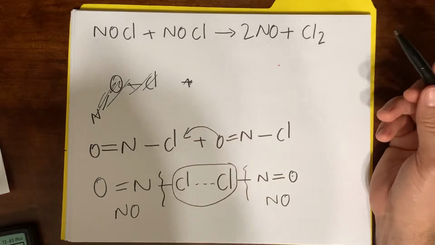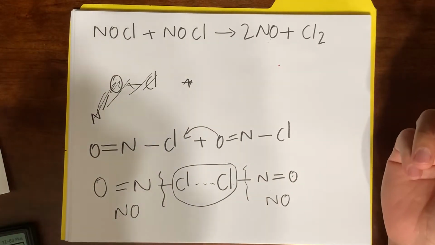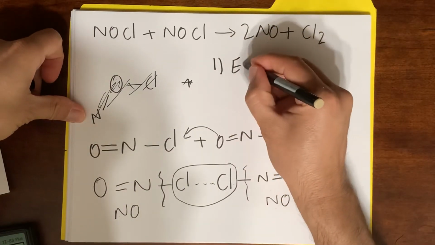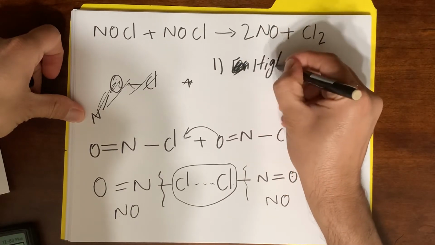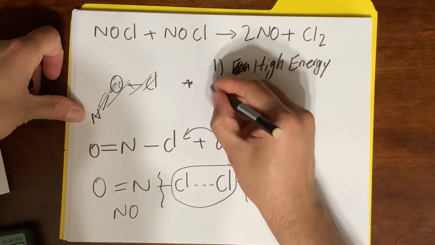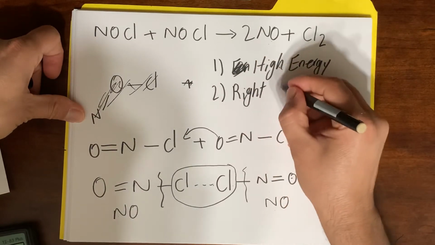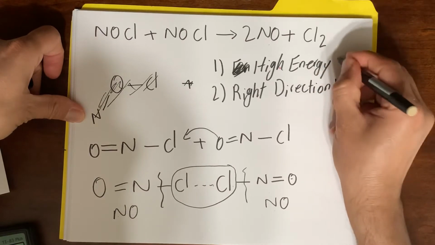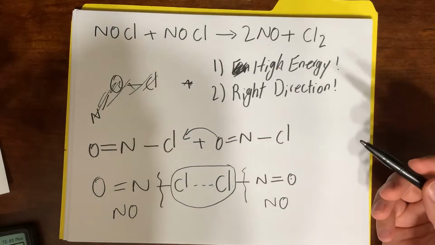So as you see, you need to have good collisions, a collision that comes with enough energy, or I have to say high enough energy. And the second thing is the right direction. So these two had enough energy.